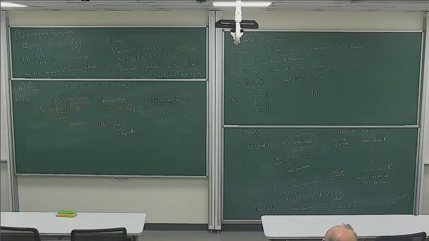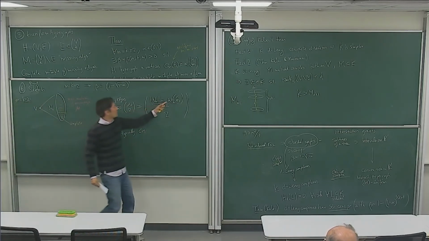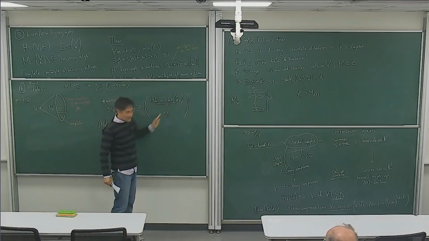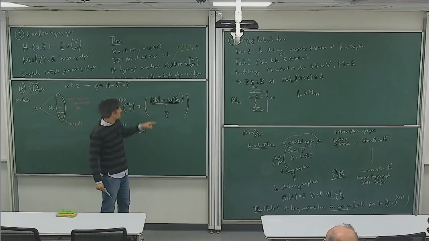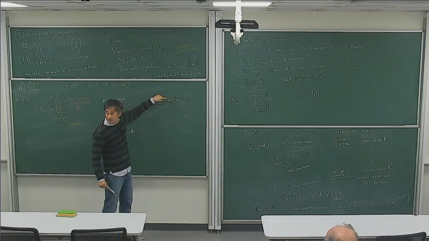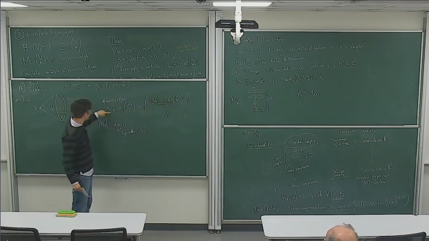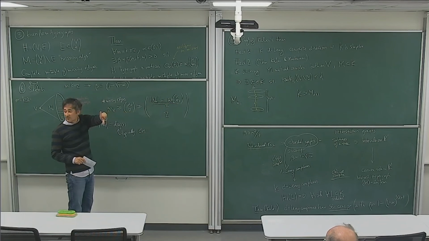And so then if you work with some omega which is less than that constant, this becomes linear. So in a typical vertex, you will see in its neighborhood a quadratic number of missing edges.